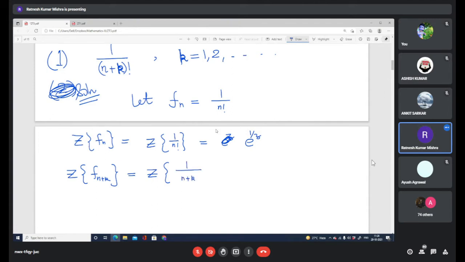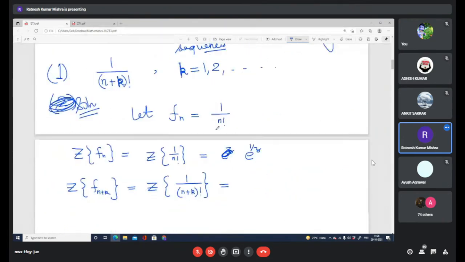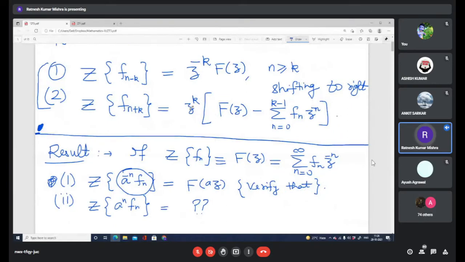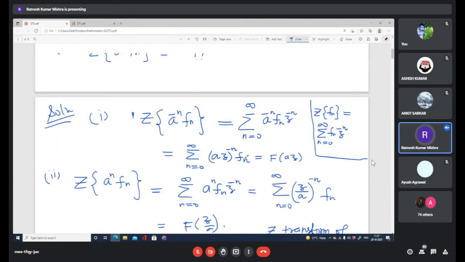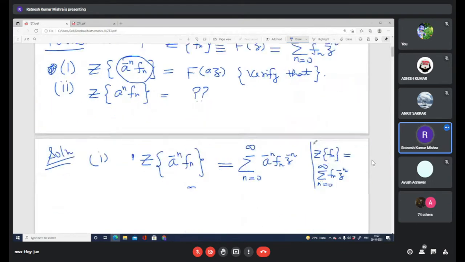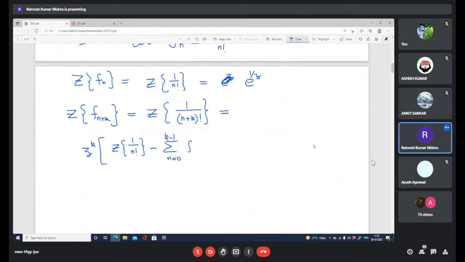So now we just use the result: z^k F(z). So z^k common. F(z) means the z transform of 1 by factorial n, minus the summation n equal to 0 to k minus 1 of f(n) z^(-n).